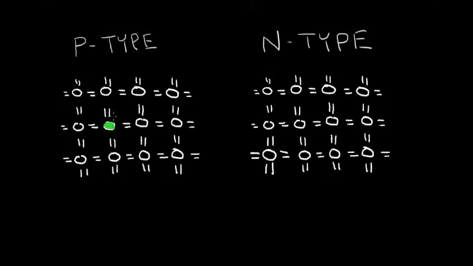And recall that a boron atom, instead of having 4 electrons in the outer shell, it only has 3. So I'm going to remove one of the electrons here, and I'm going to replace that with an X. And this X means that I have a hole, or I have an absence of electrons.